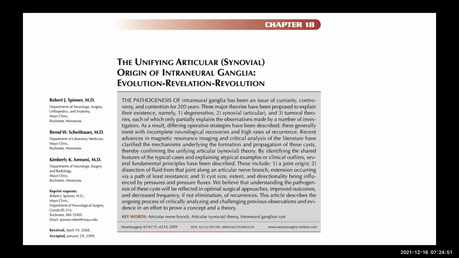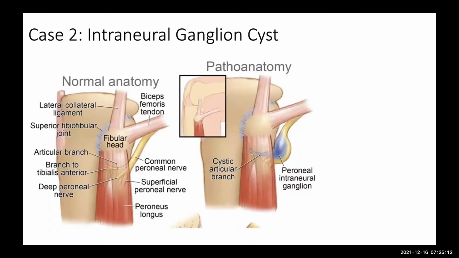So for a long time, especially in the pre-MRI era, we did not know what was going on with these. In about 40% of cases, some people were able to see that there was a nerve next to the joint, the articular nerve, with these common peroneal cysts, and it sort of gave it away to some people that maybe this was coming from the synovium.